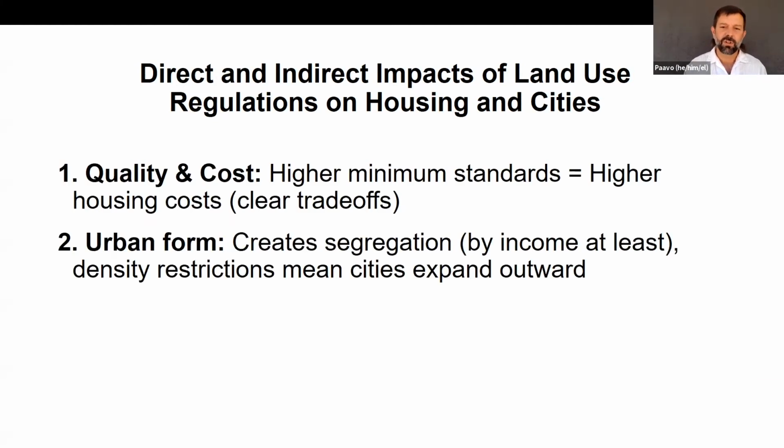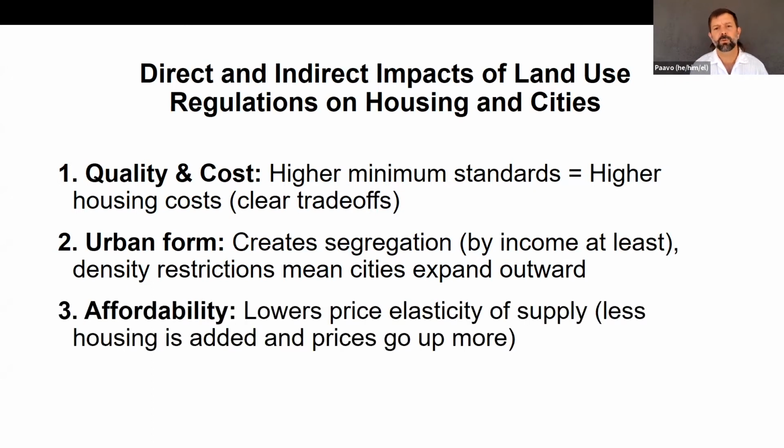Second, especially density restrictions, but other kinds of land use rules shape urban form, so for example, creating segregation, as we've discussed a lot in this class, but also, for example, density restrictions in places where people most want to live usually leads to cities growing horizontally when they could otherwise have grown upward. The third area has to do with the price elasticity of supply.